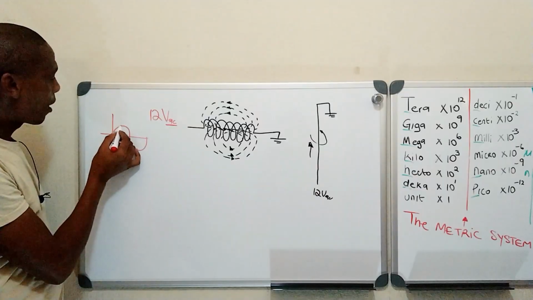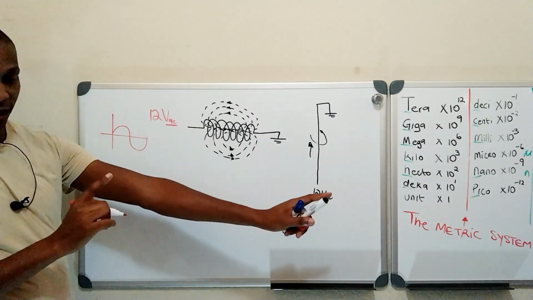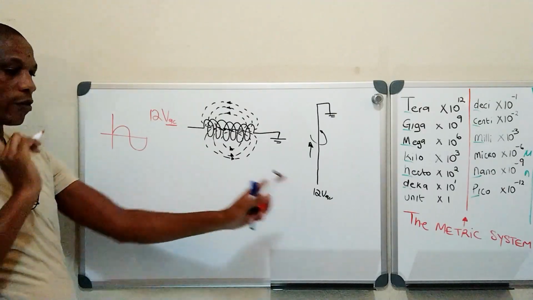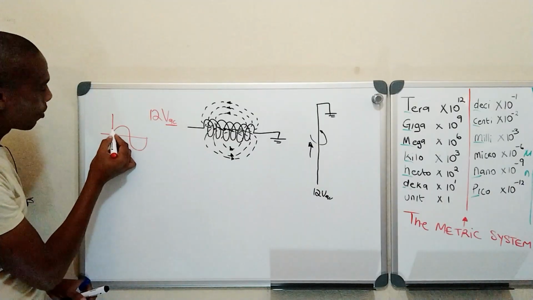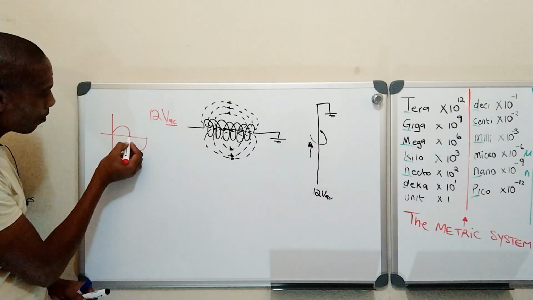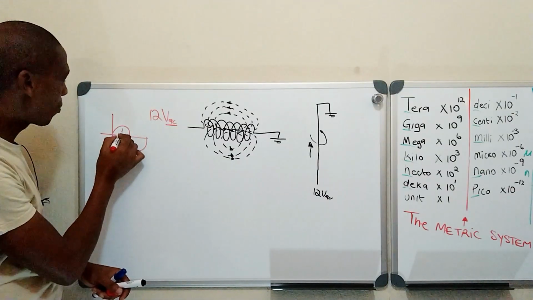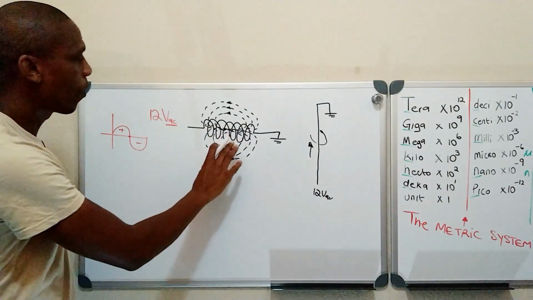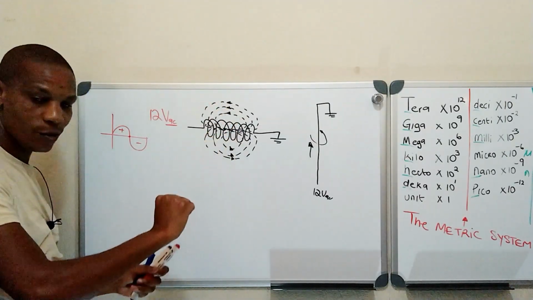This current flows first in the positive direction, then comes back in the negative direction, and first in the negative direction and comes back in the positive direction. As it flows back to the zero line, it changes direction. What happens is that the magnetic field around the coil collapses and expands.